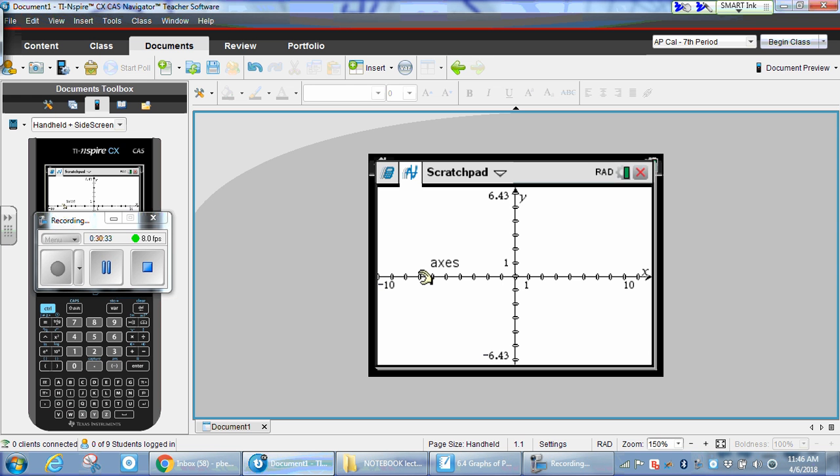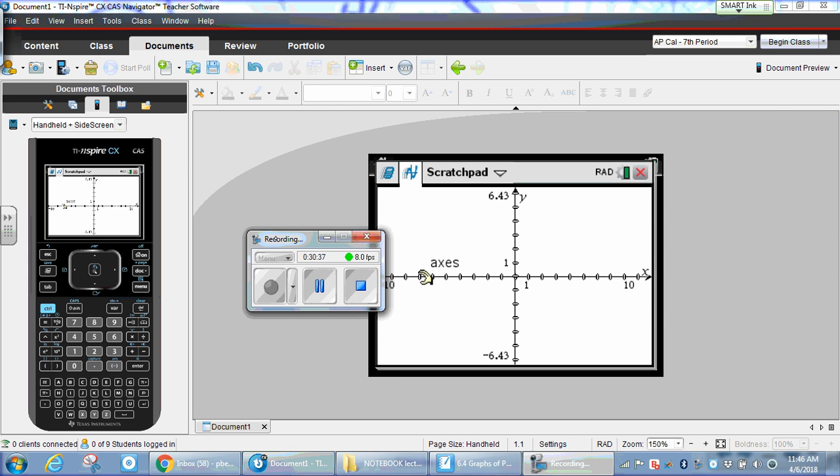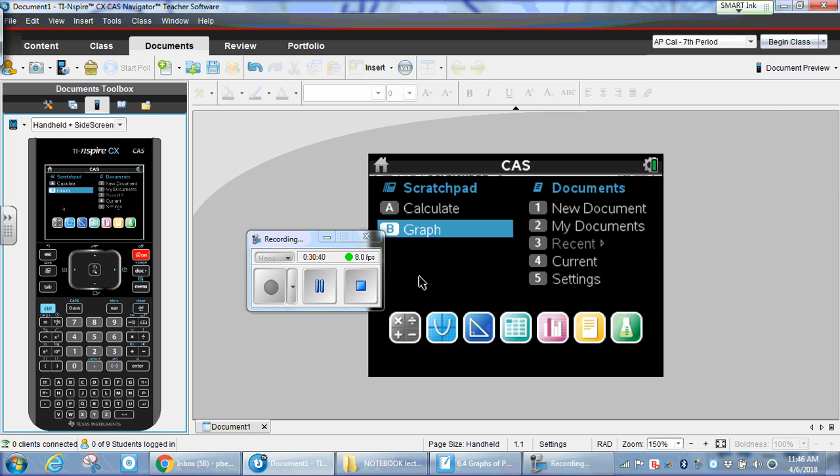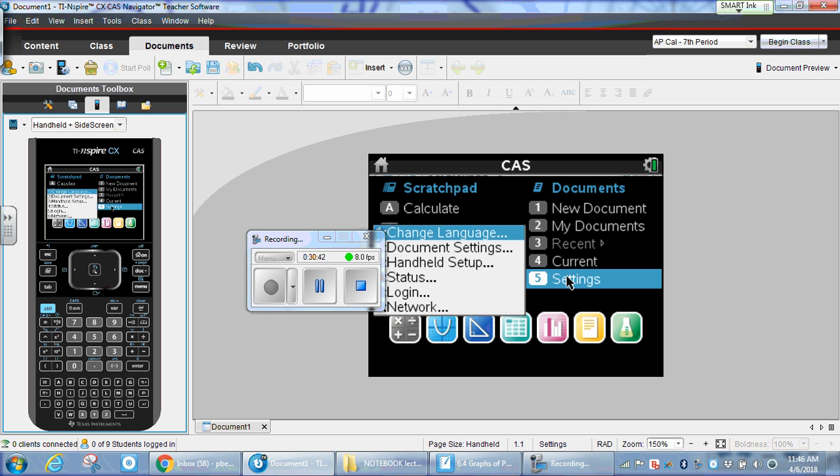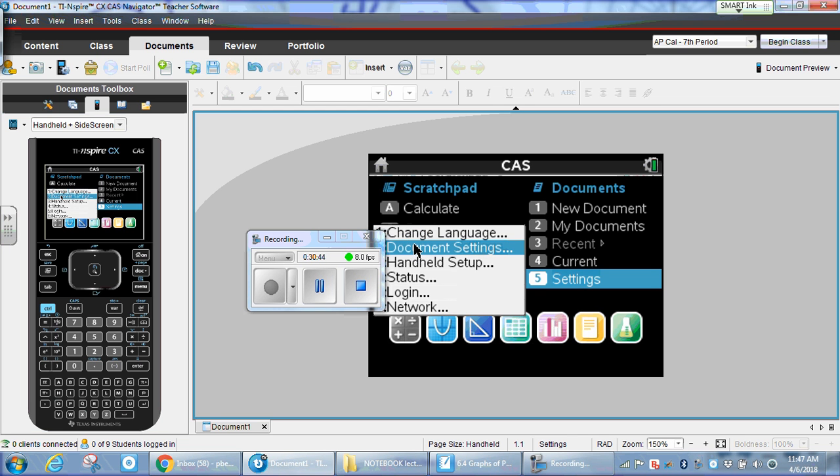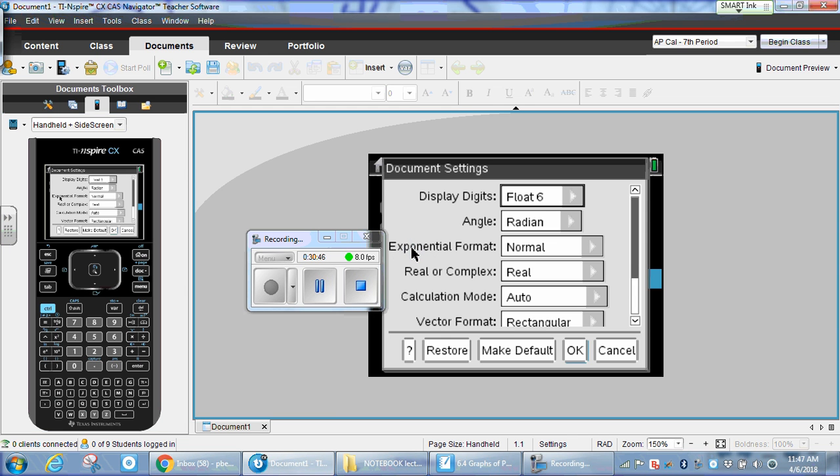In case you don't remember how, you need to go to the graphing part. If you're at home, also make sure that your calculator is in radians. So go to settings, document settings, and then we want to make sure that our angle is in radians. After you do that, press make default.